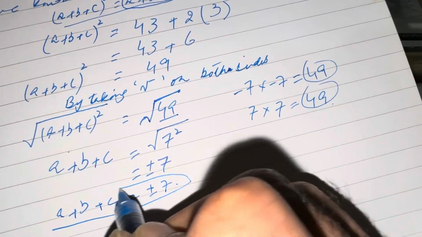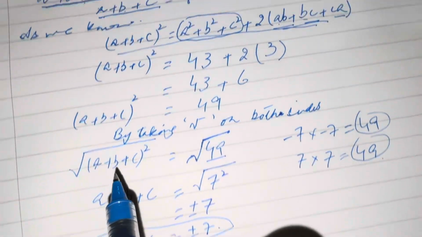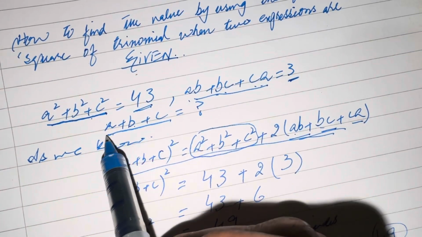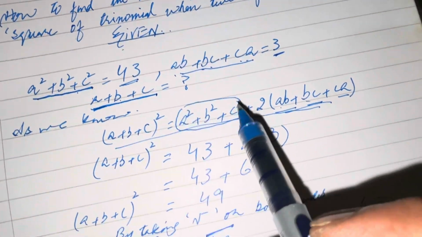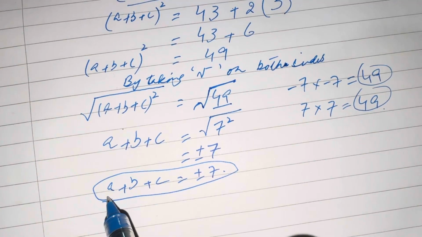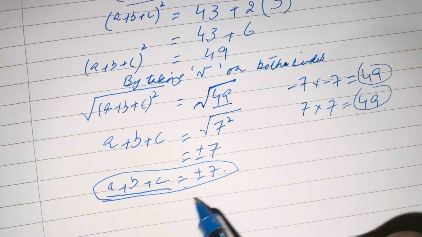That's the answer that we have to find. If you see in this example, we have to find the value of a plus b plus c, and here we have found that a plus b plus c is equal to plus minus 7.